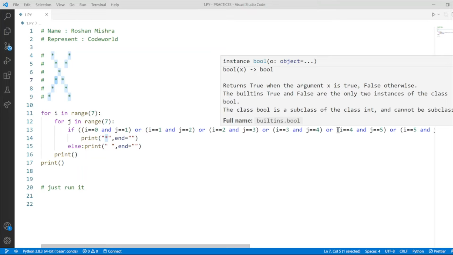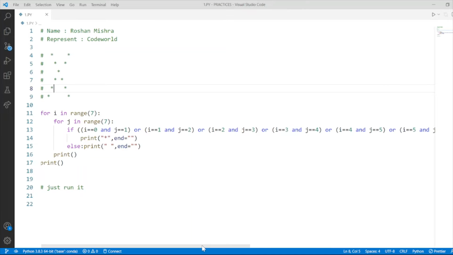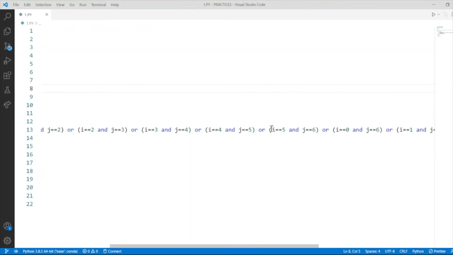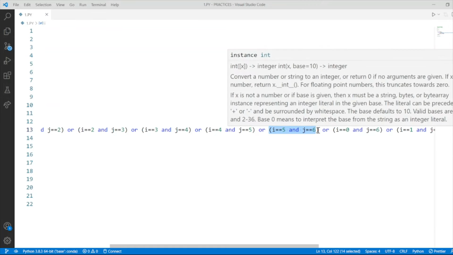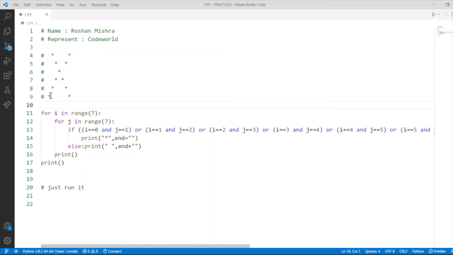Now fourth row and fifth column, where my cursor is blinking here. Now fifth row and sixth column, so this is fifth row and sixth column. It will print this one, where my cursor is blinking, it will print that column.